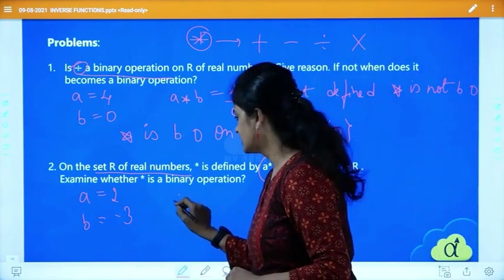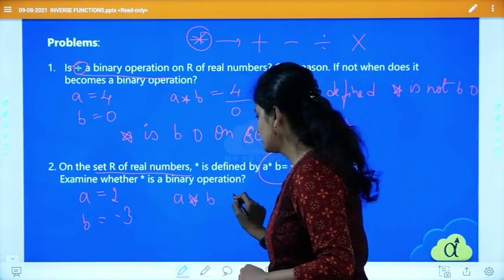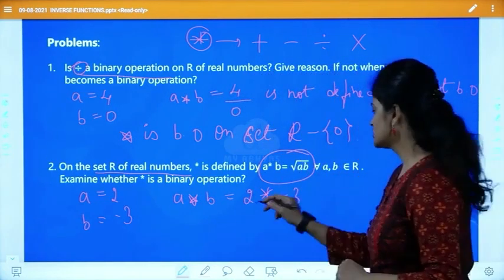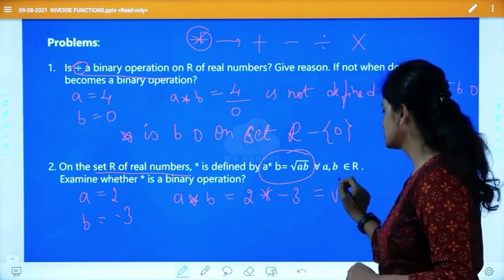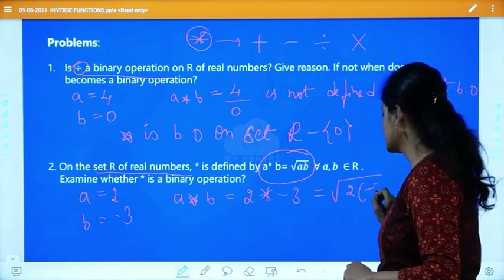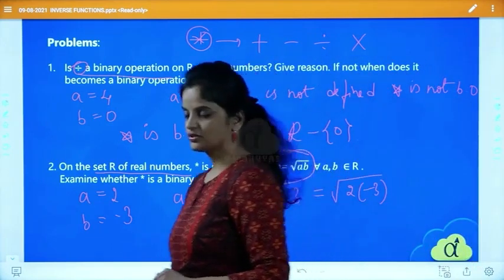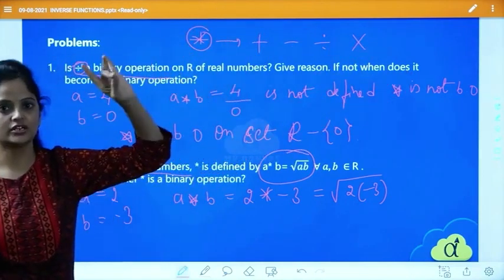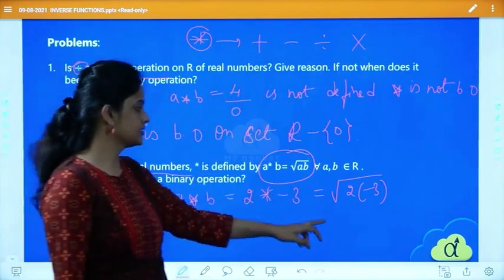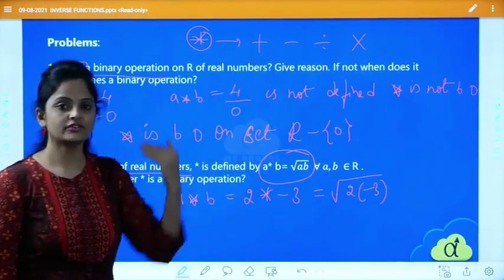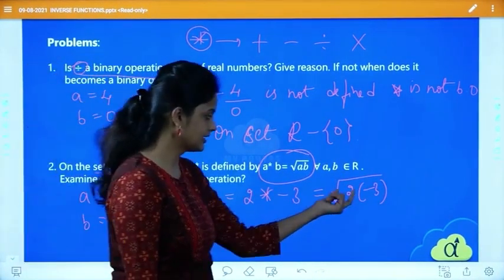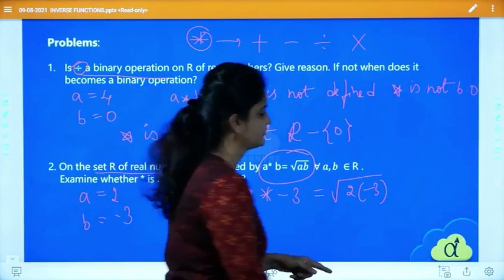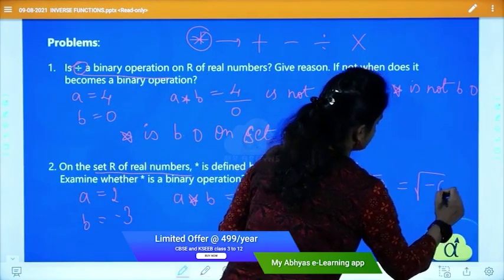Then if I take A star B, it will be 2 star -3. 2 star -3 means according to this it has to be 2 into -3. See, as I told, basic operations are addition, subtraction, division and multiplication. But see here, root can also be taken. So many different operations we are getting. Here multiplication is only there. Square root of 2 into -3, square root of -6.